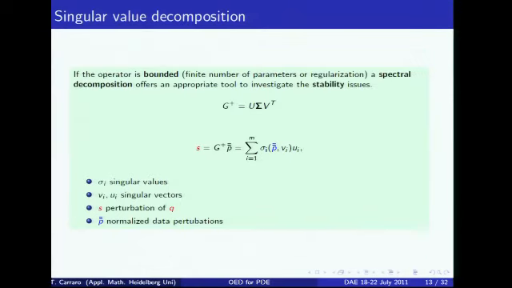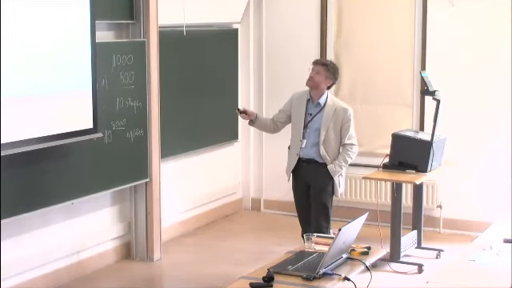If this operator is bounded, which is true for a finite element discretization, for a finite number of parameters, and using regularization, then a spectral decomposition offers an appropriate tool to investigate the stability issues.